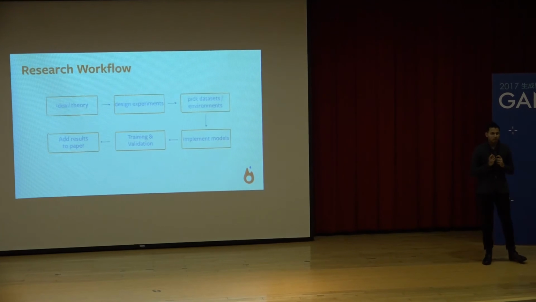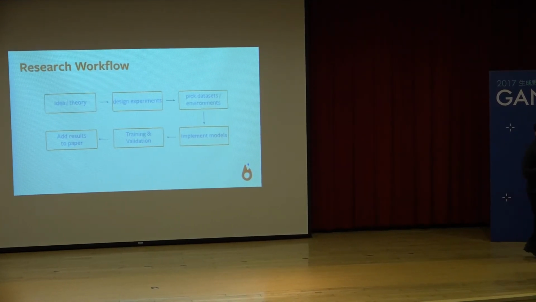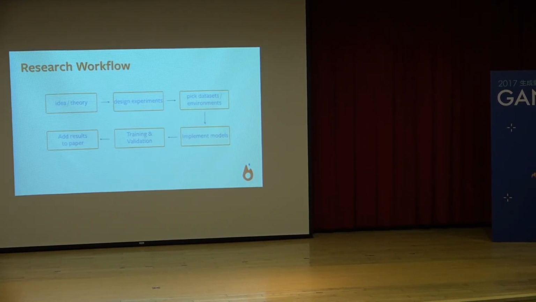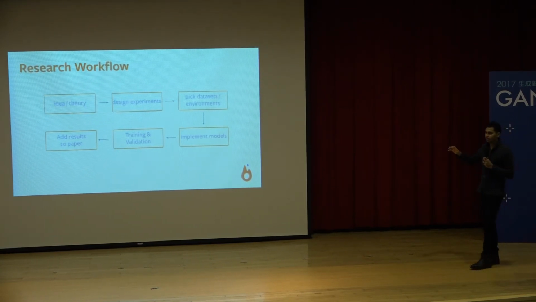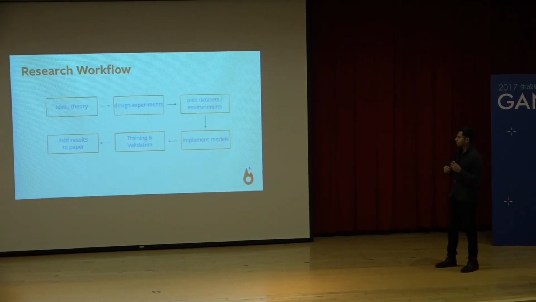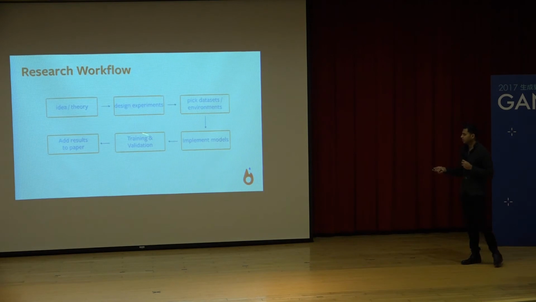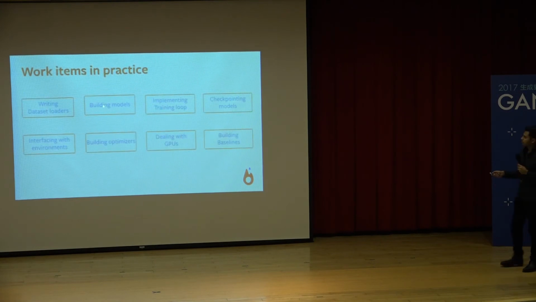You say, okay, I will pick this particular data set. I will construct my model, or like I will construct my idea, and then I will train my neural network and do some validation, and I will try to publish a paper.